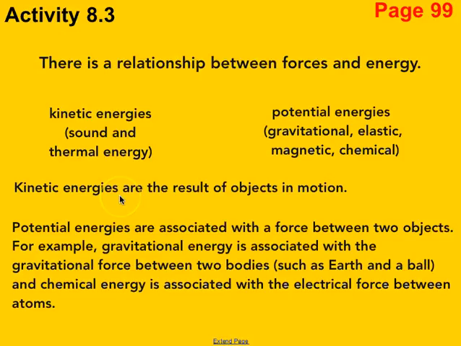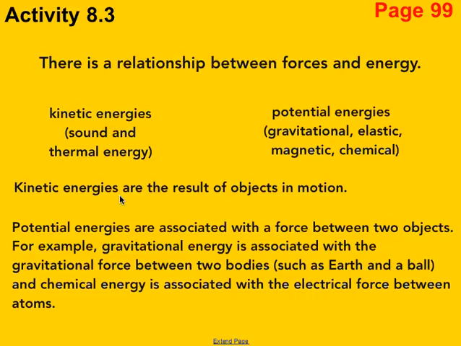So there is a relationship between forces and energy. And remember, when we looked at kinetic energy, we looked at sound and thermal, and when we looked at potential energy, there was gravitational, elastic, magnetic, and chemical. Now, kinetic energies are the result of objects in motion. So what puts things in motion? Forces put things in motion. So potential energies are associated with a force between two objects.